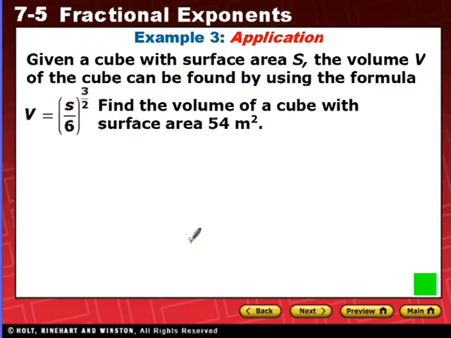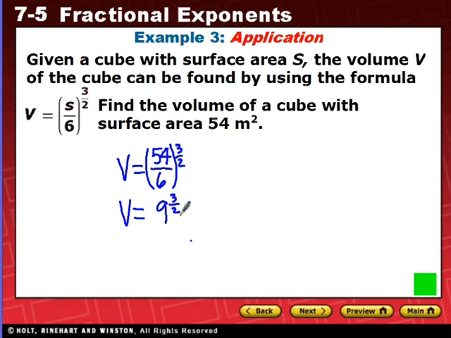Now I could go ahead and simplify this first and then plug in 54, but I don't think that's a good option. Let's plug in the 54 now and simplify as much as we can before we raise it to a power. So 54 over 6 is 9 raised to the 3/2 power. Now this exponent, 3/2, is greater than 1, so our number should be bigger than 9 when we're done.